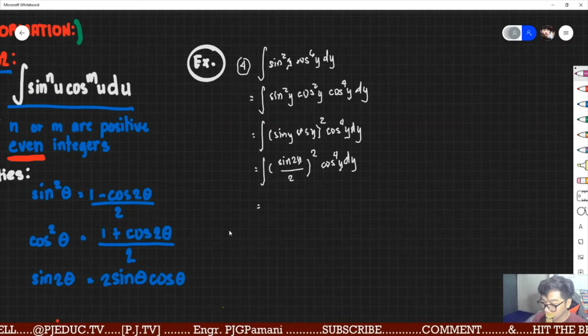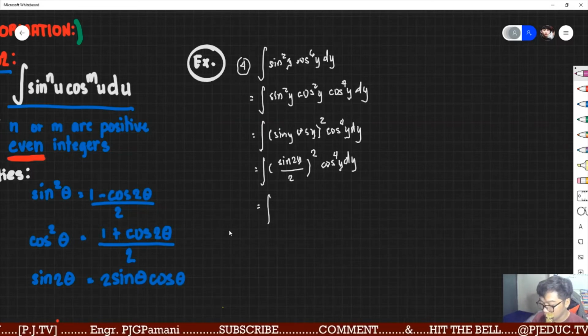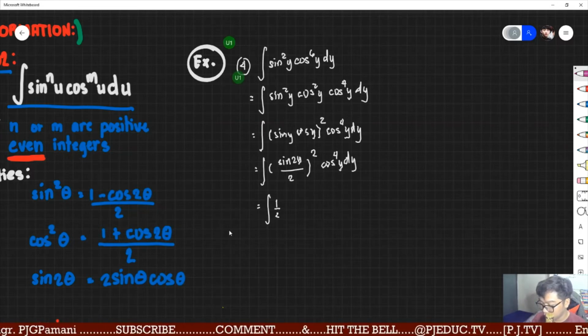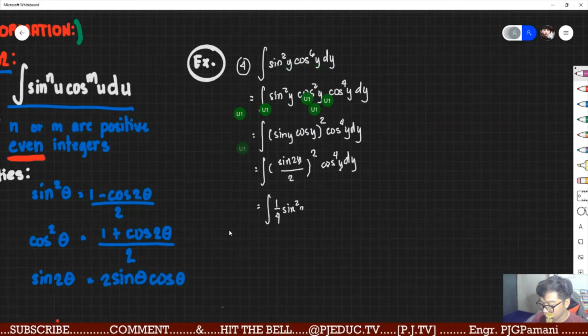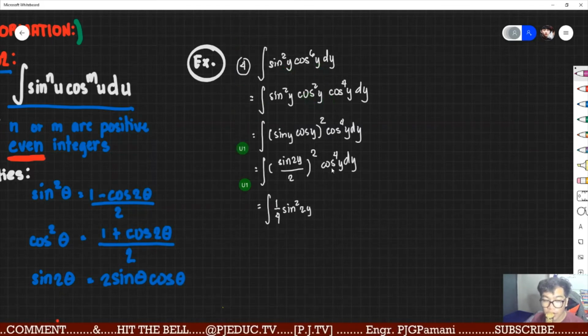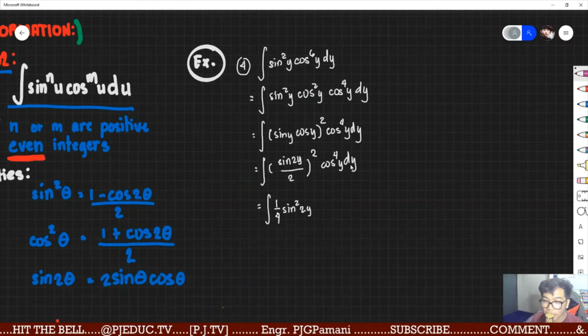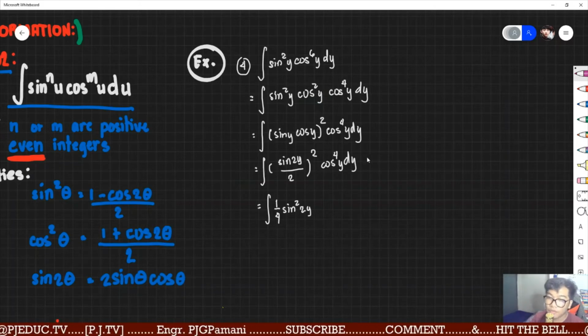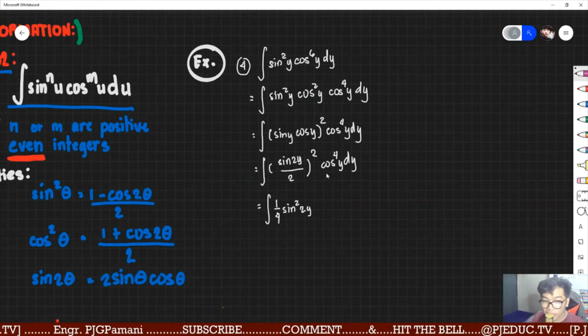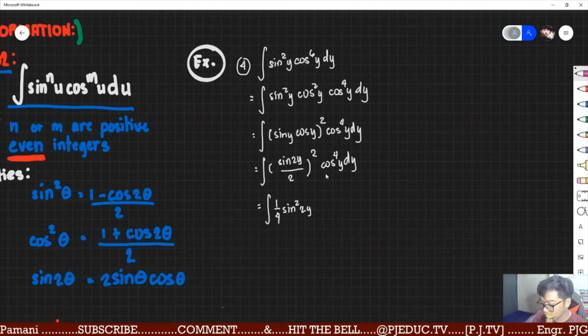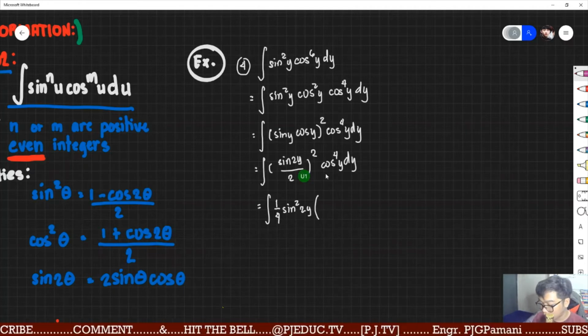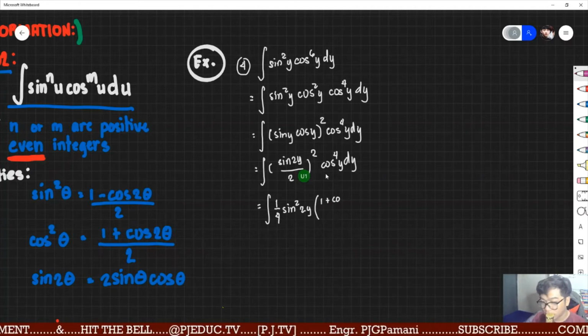Simplify further, that is now 1/4 of sine squared 2y. And cosine raised to the 4th y dy is the same as the product of cosine squared times cosine squared. Without further ado, we can already transform that using our known identities for even integers.